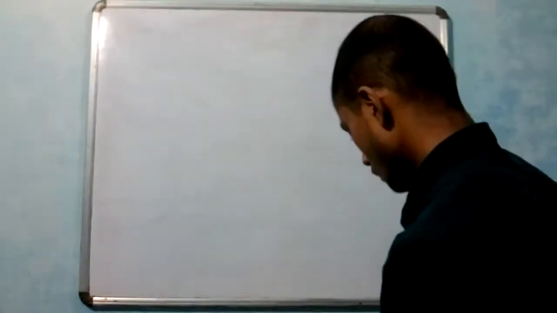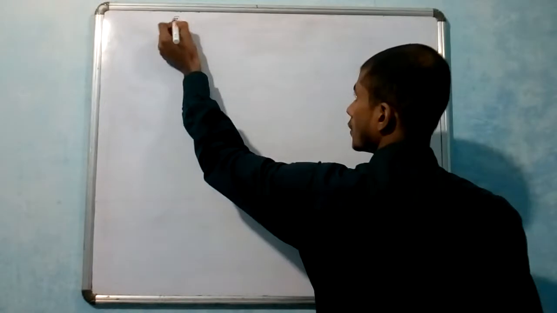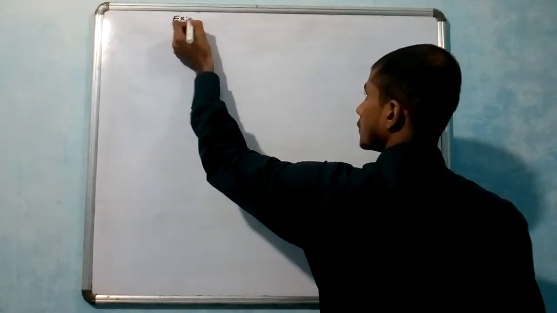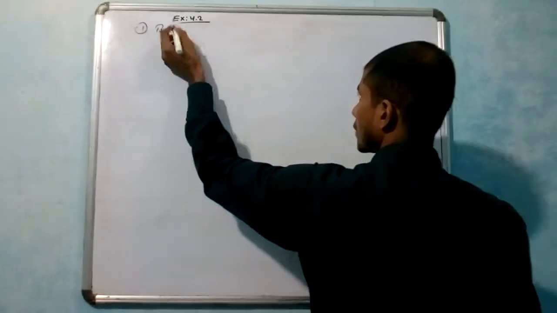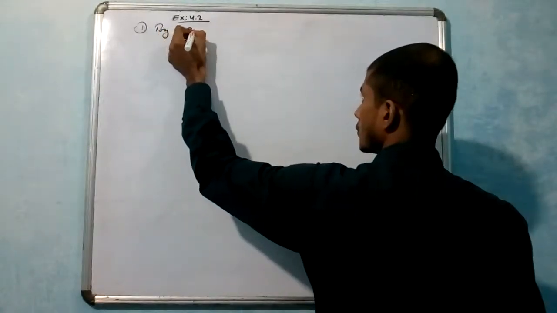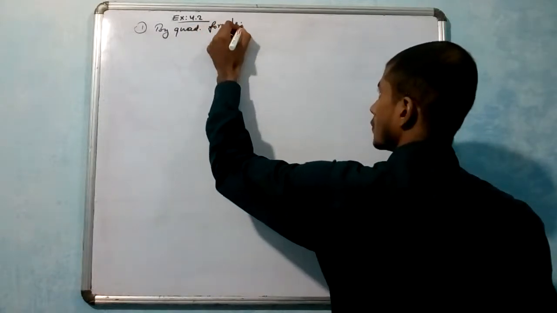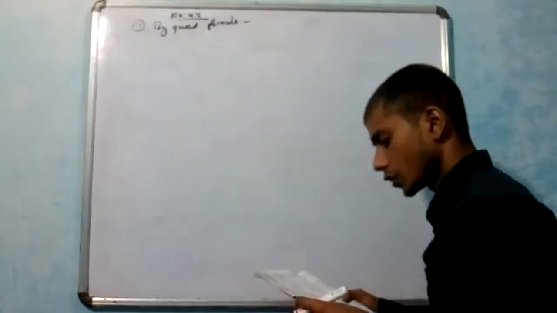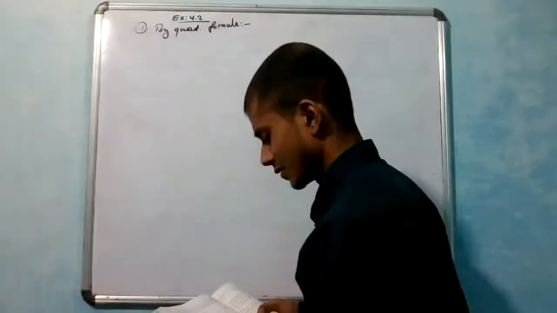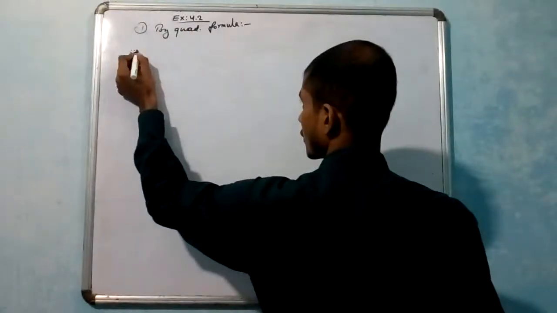Tell me which sum we should try. Which sum? First one, x square minus 3x minus 10.